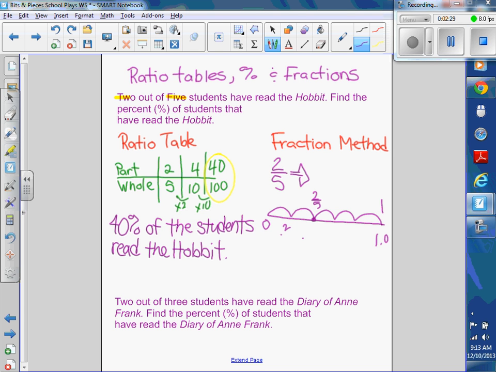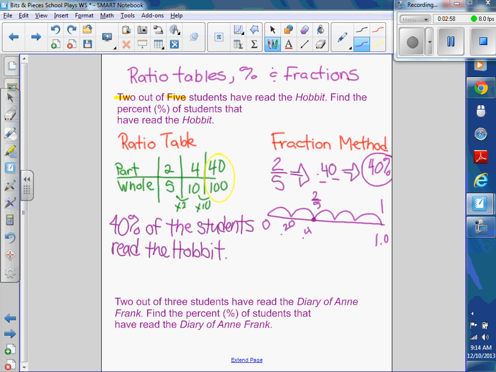Or 2/10, or 20/100. You guys see that? So the fraction method is go from the fraction to the decimal, and this is the tens place, the hundreds place, and go from the decimal to the percent. So if you have it memorized, you could just go fraction, decimal, percent, and then there's your answer.